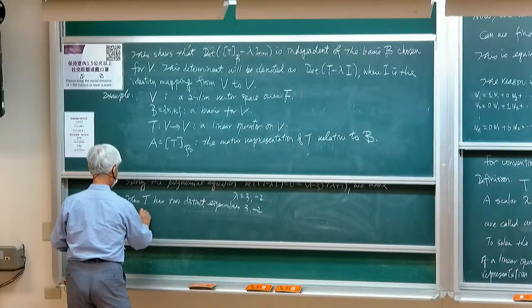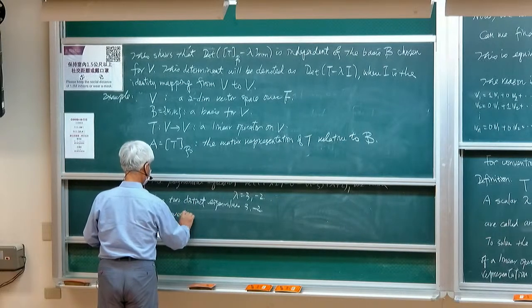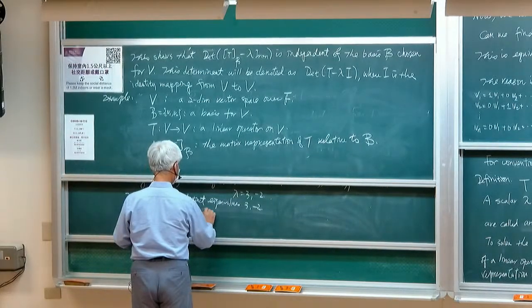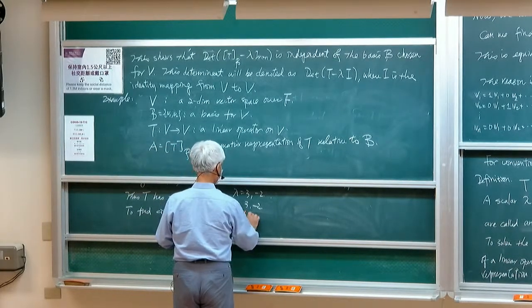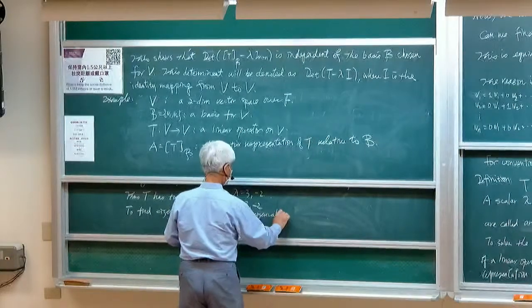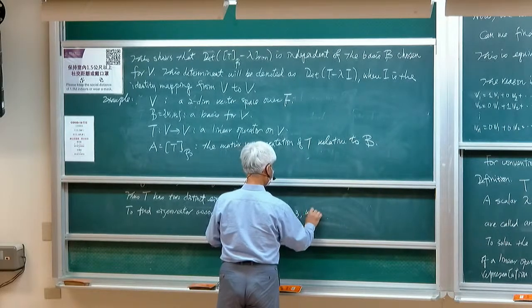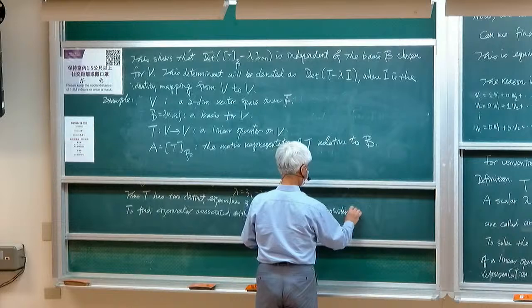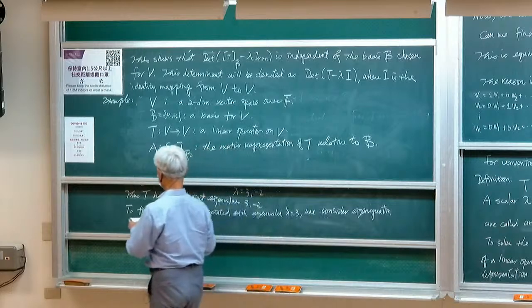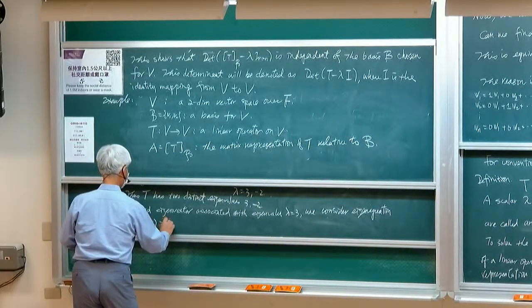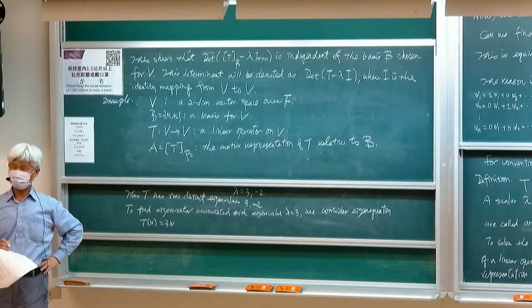So to find the eigenvector associated with eigenvalue lambda equal to 3, we consider the eigen equation T V equal to 3V, because we know 3 is one of the eigenvalues.